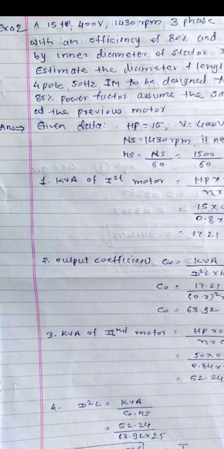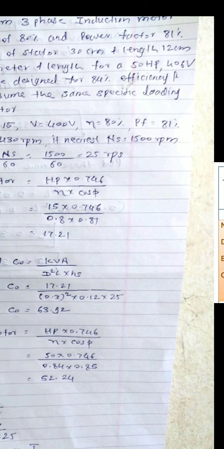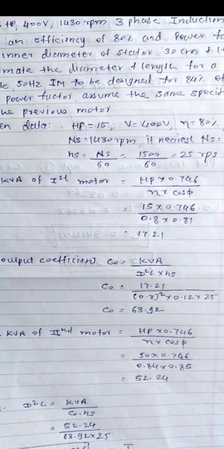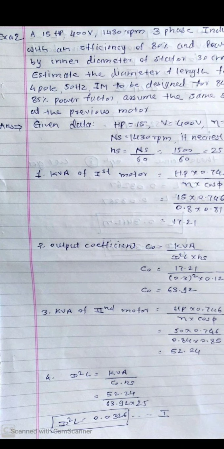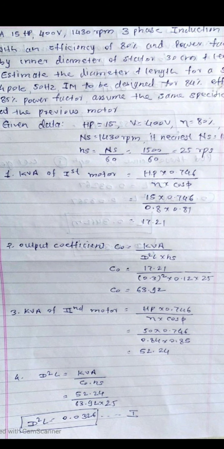That is your second example: a 15 HP, 400 volt, 1430 rpm three-phase induction motor with an efficiency of 80% and power factor 81%, and inner diameter of stator 30 centimeter and length 12 centimeter.